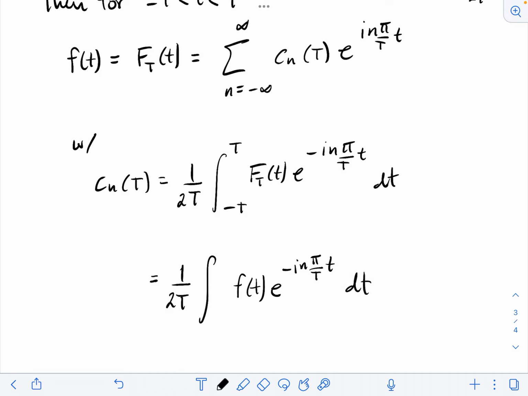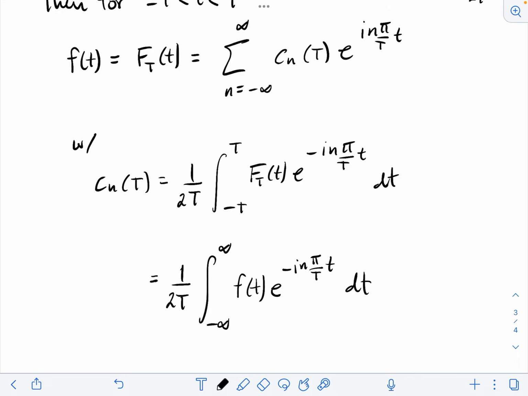And then the next thing I'm going to do is I'm going to say, well, because this little f of t is 0 outside of the range minus capital T to plus capital T, I can extend the integration limits to be from minus infinity to plus infinity.